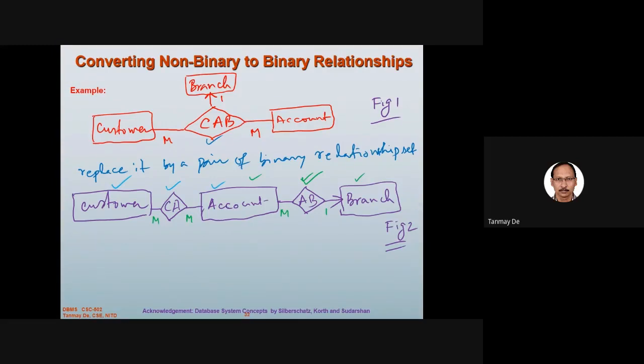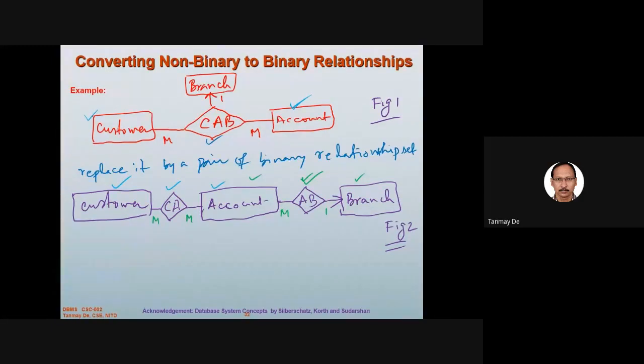Am I audible? Yes, sir. So now the question is, are both the same or not? In the first, the figure 1, the ternary relationship, here a customer can have any number of accounts in a particular branch. An account can associate with a single branch, and similarly here an account can be held jointly by any number of customers.